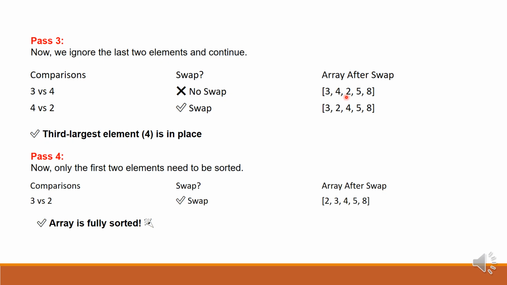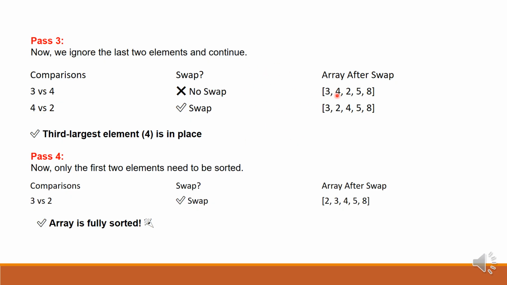Now swapping is required because the lesser elements must be before and the greater elements later. Now 4 and 5 will be compared automatically by the interpreter. I didn't mention it here, but anyway, it is in order, and 5 will be compared with 8. No need to swap, and everything is in order within iteration 3.